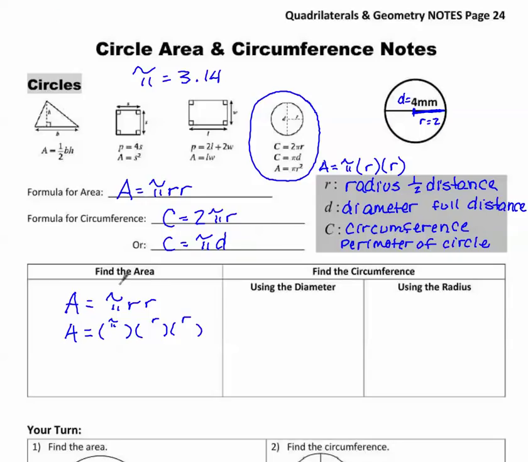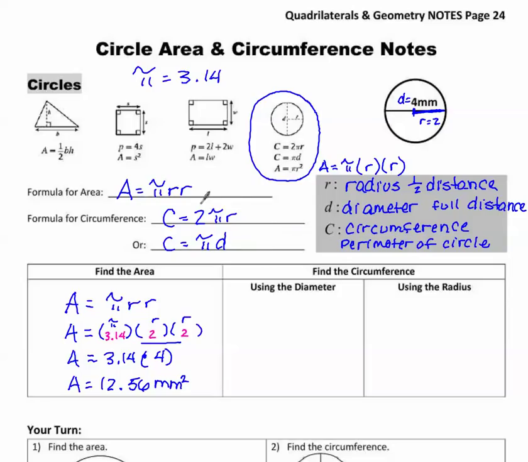So we're going to plug that in. 3.14 times 2 times 2. And I think it might be easier if you start with the 2 times 2 first. So we have A equals 3.14 times 4. And then if you do 3.14, and you can put this in parentheses if you want to, times 4, you're left with 12.56, and we're measuring millimeters, and area is squared, so it's millimeters squared.